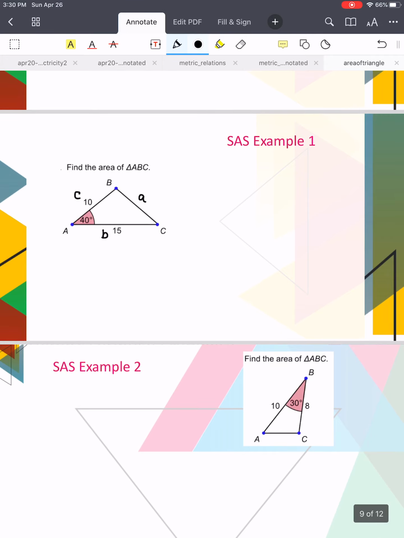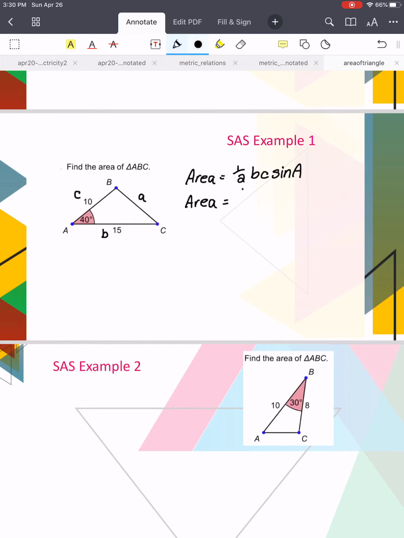So we're going to use that the area is 1/2 times B times C times sine A. So it's going to be 1/2 times B, which is 15, times C, which is 10, times sine of A. A is 40.